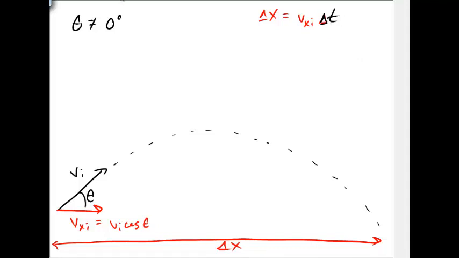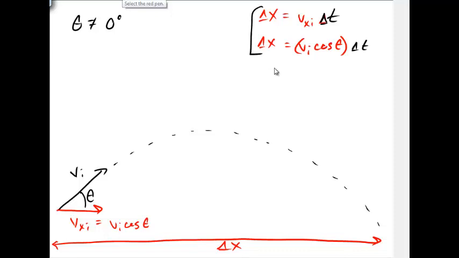So the x position is Vi cos of theta times the time. Instead of Vxi, which maybe is given, but I doubt it, you can substitute in, because you know the hypotenuse and you know the cos of the angle. That's just a number. This is how you find the horizontal displacement. That was one thing that we worked on the last slide.